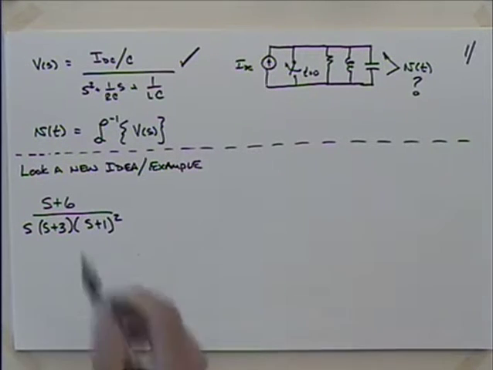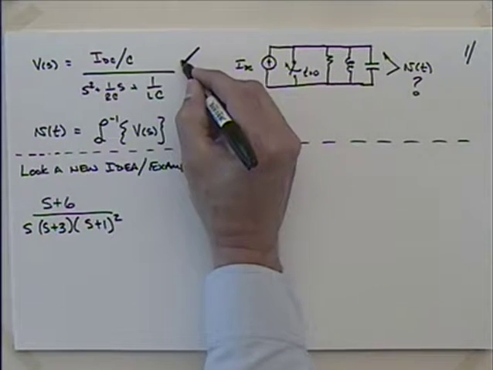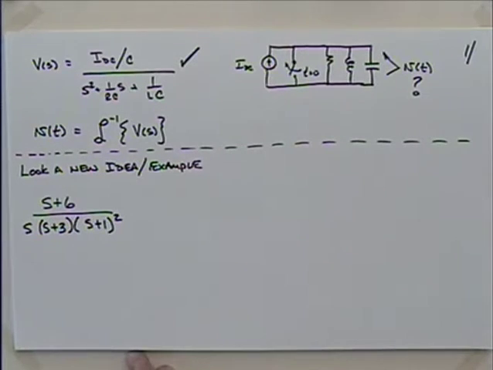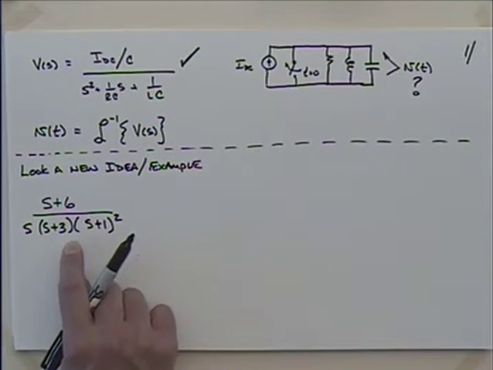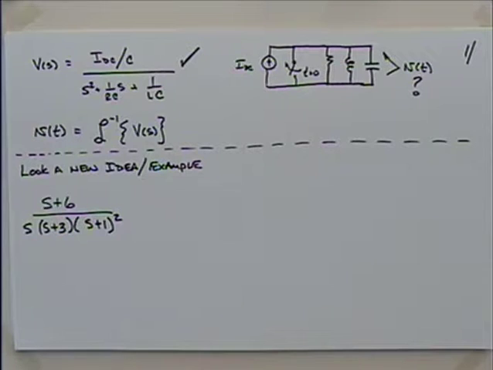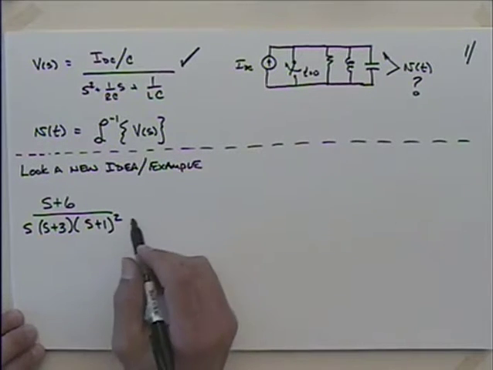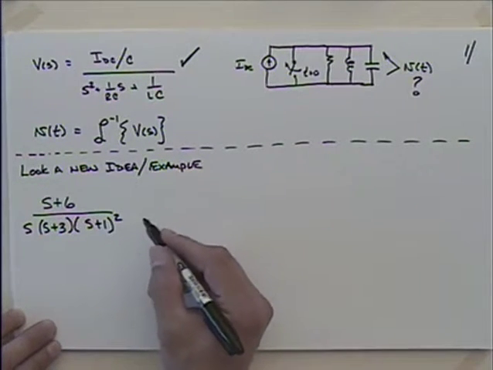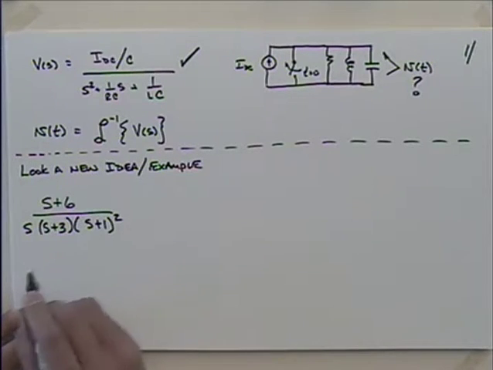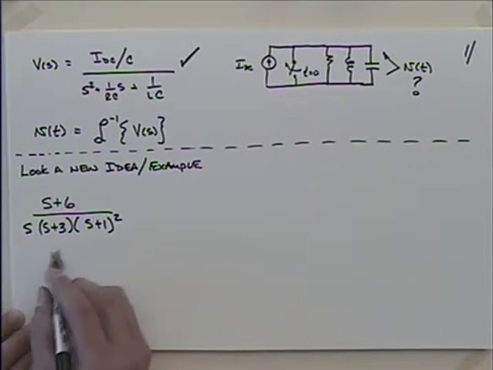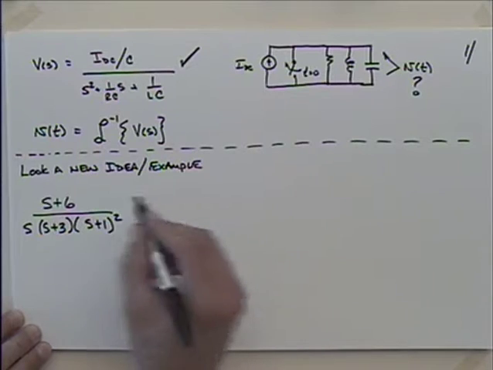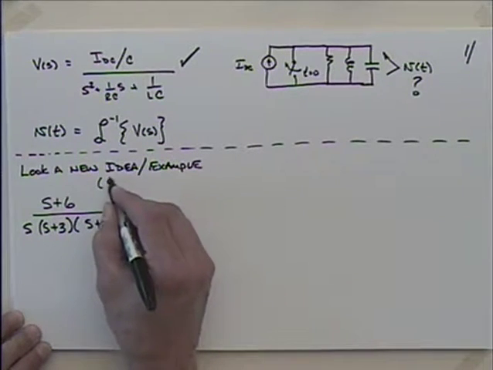So let's say that the answer looks like this. It doesn't in this case, but in some cases it does, and we could apply it to that once we get comfortable with this. This is in the S domain, and I'm trying to get it to the time domain. To solve it, I'm going to use a partial fractions approach, because I recognize it has how many roots? 4 roots? Yeah, it should have 4 roots.